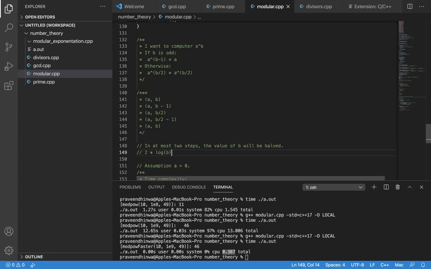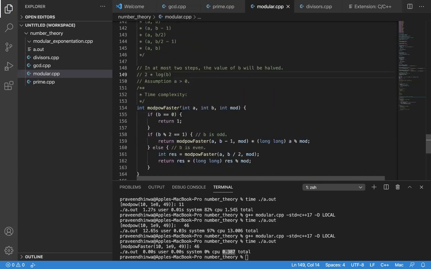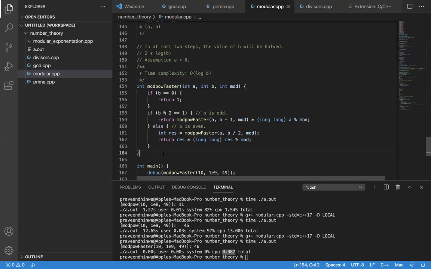If in a single step I keep dividing a number by 2, how many steps will it take till it reaches 1? It will take log of b steps. But here in a single step, I'm taking 2 steps to divide it by 2. So in the worst case, it will take 2 times log b. So this program will take order of log b. Its time complexity is order of log b. We can omit the constant factors. So this program is much faster than previous programs.